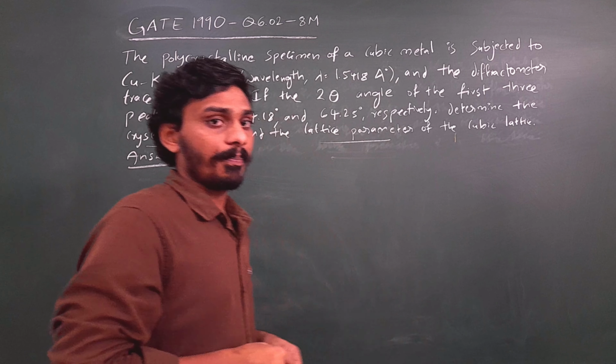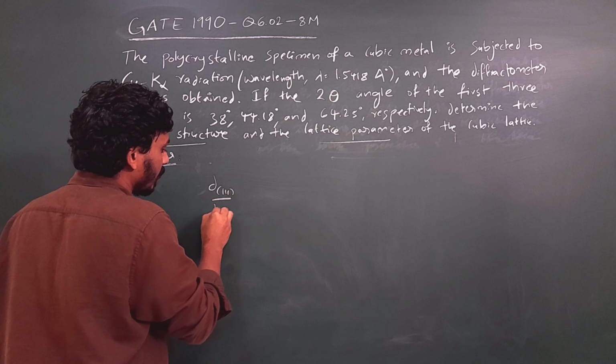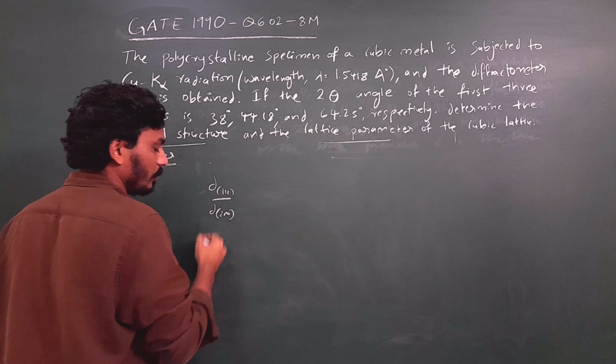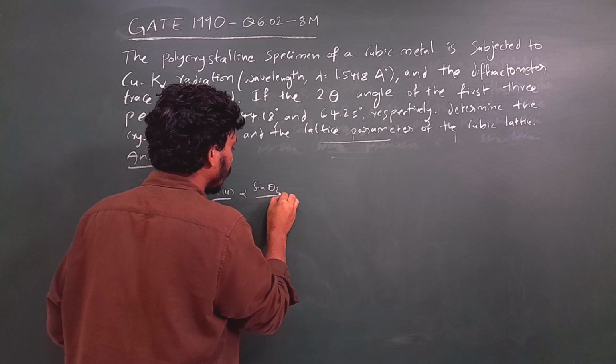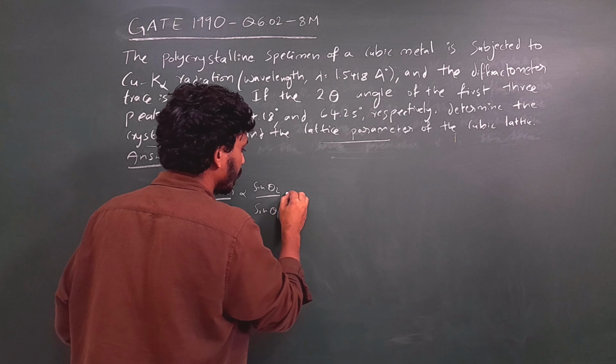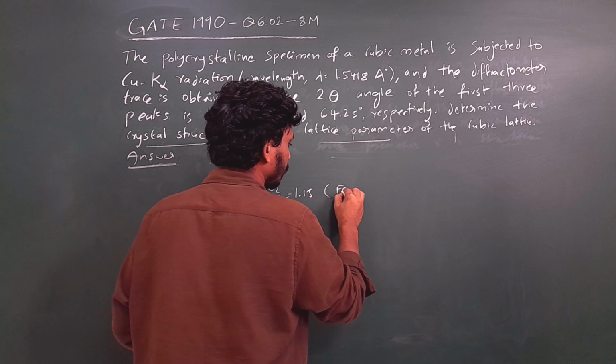If you can remember, the ratio d(111) by d(200), which is proportional to sin theta 2 by sin theta 1, is equal to 1.15 for an FCC.